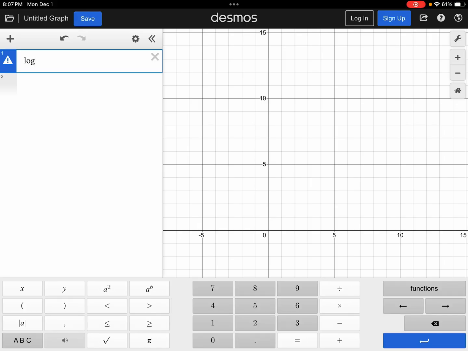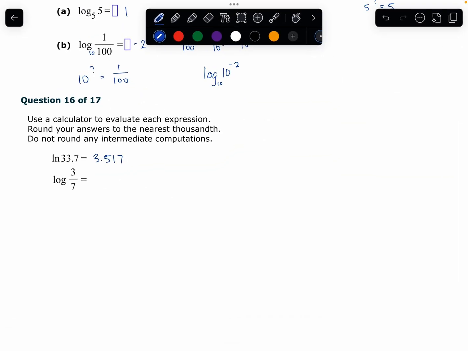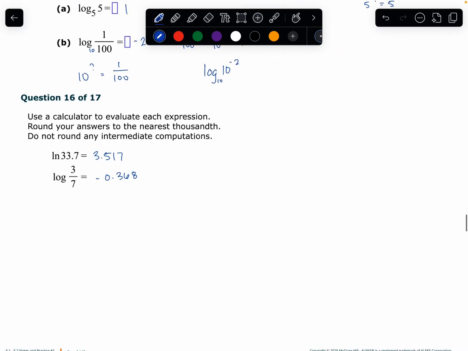Okay, so log of 3 divided by, whoops, I want to make sure that I put parentheses here. 3 divided by 7, and there I get negative 0.368. Thank goodness that rounded up. Am I right, guys? We wouldn't want that number that you guys always talk about these days.